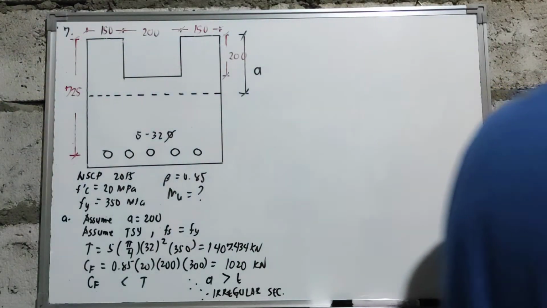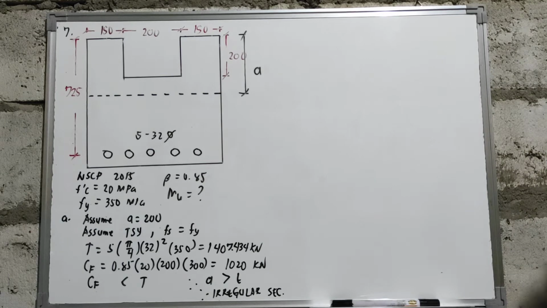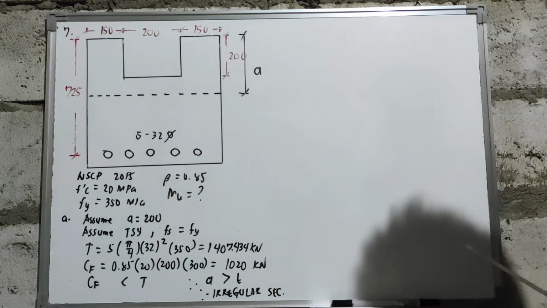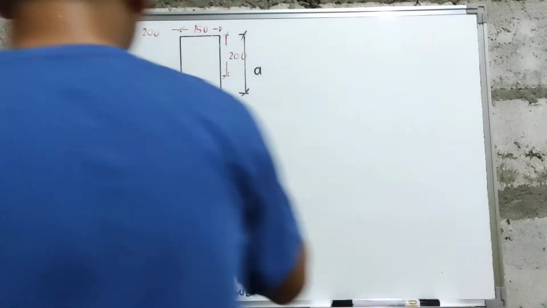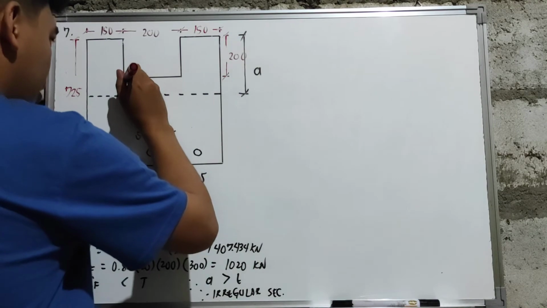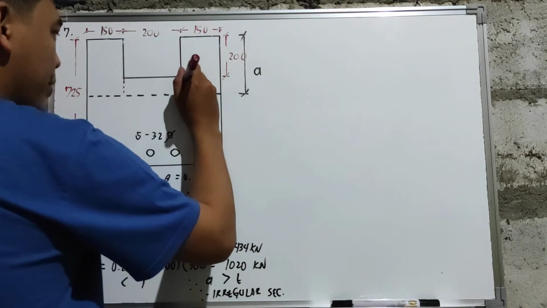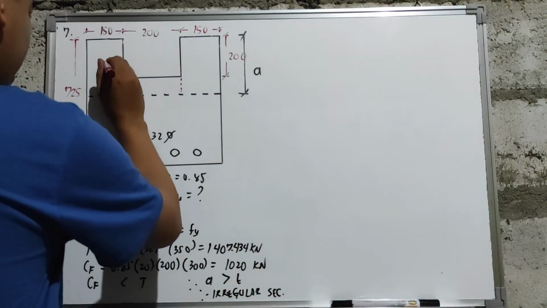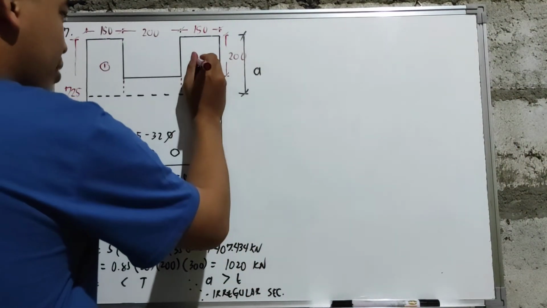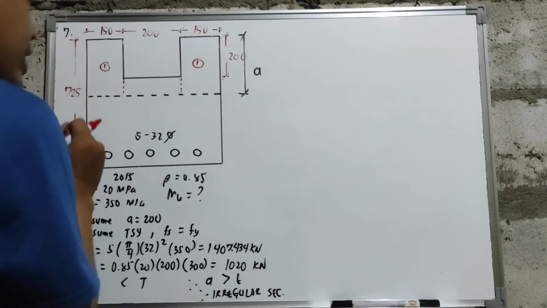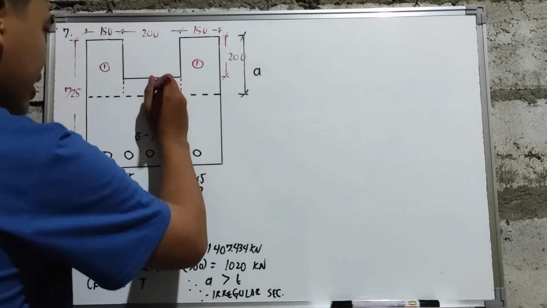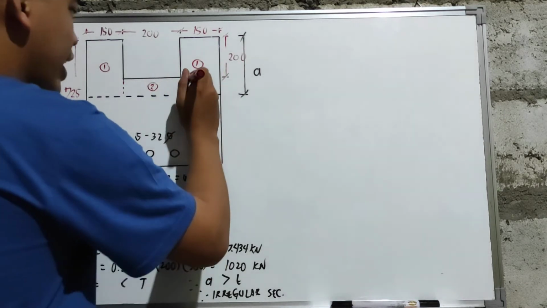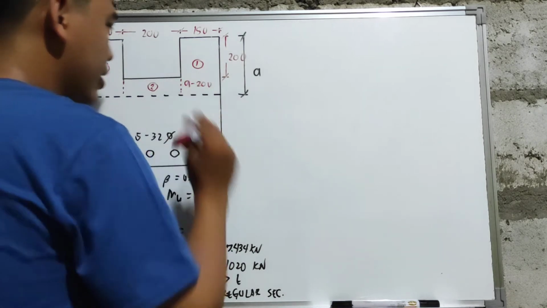So, with that, kung hanggang doon yung value ng a natin, pwede natin i-consider yung mga areas na to. So, meron tayo dito sa unang area. So, pagsamahin na lang natin yung dalawa. Okay, pag-combine natin, that will become area 1. Tapos yung sa gitna, that will become yung area 2. Etong taas ng area 2 natin, that is a minus 200.